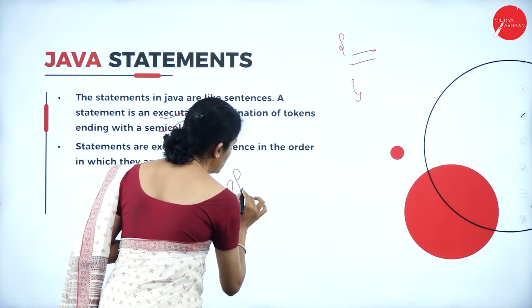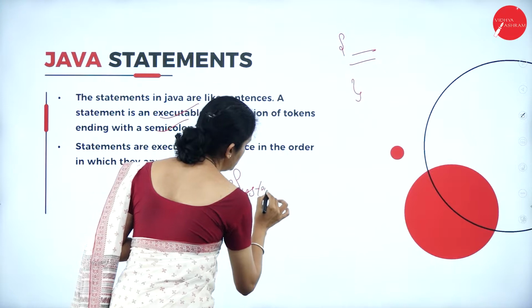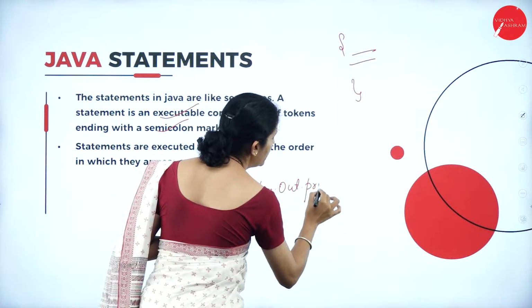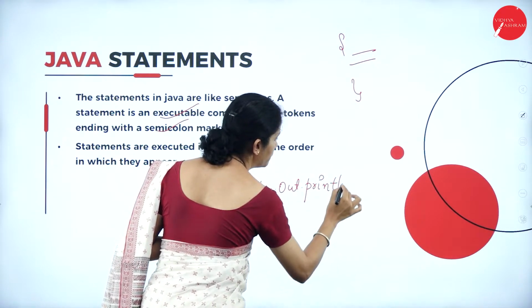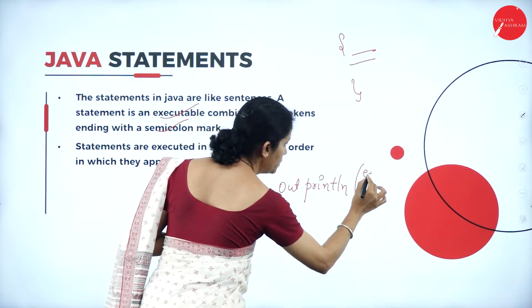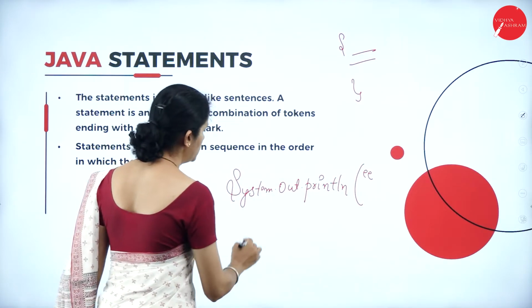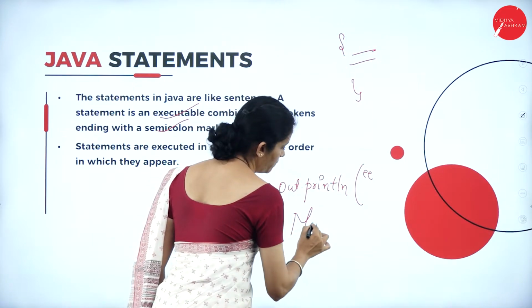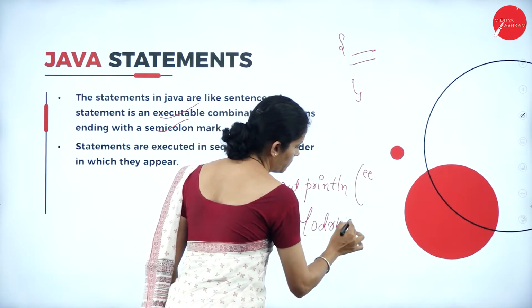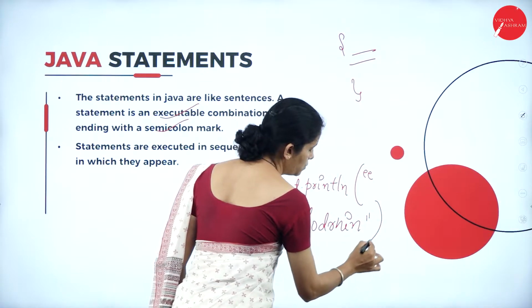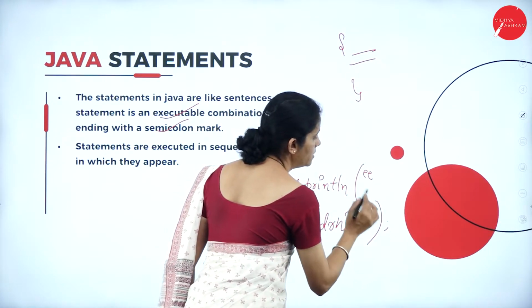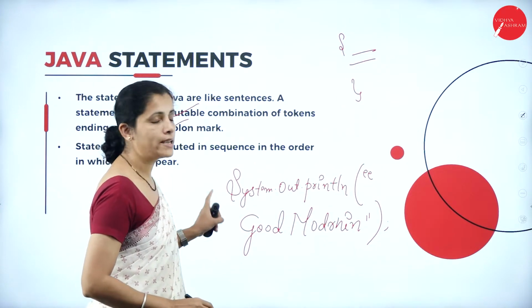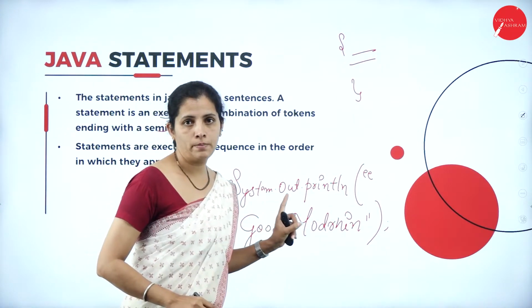So I'm going to use System.out.println. I'm going to write within the double quotes, good morning, close the double quote, close the brace and place the semicolon at the end of the line. So this is an example of a statement.